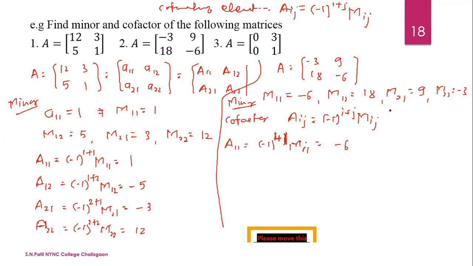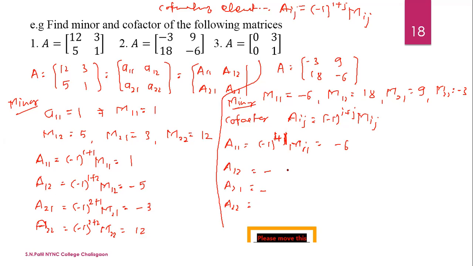Once you have calculated the minor, then there is no need of this writing. Just keep the sign as plus, minus, minus, plus. See, A12, A21, A22. Now keep your minus sign. First and last, see, this is the first and last, keep the positive sign.